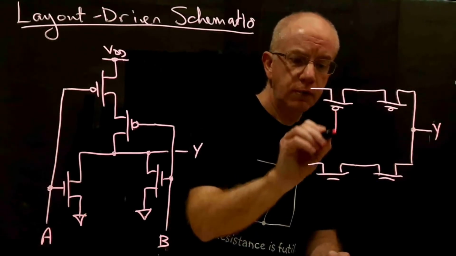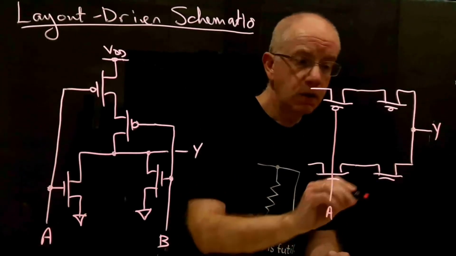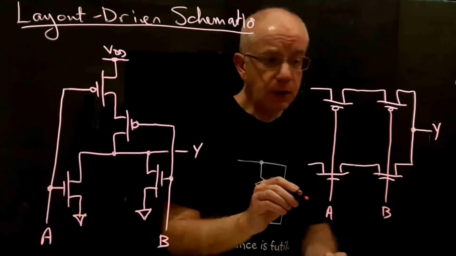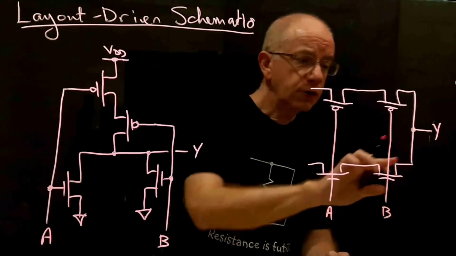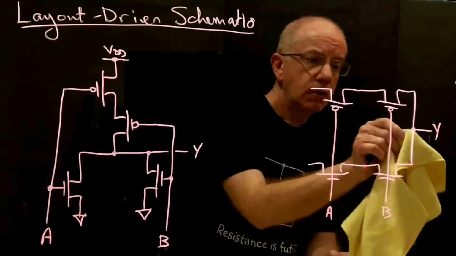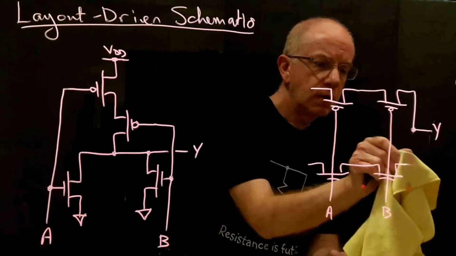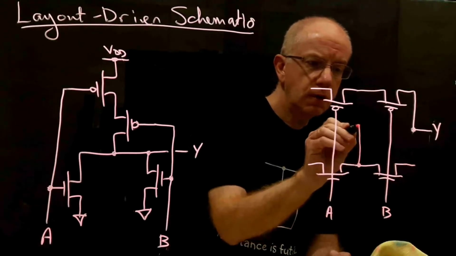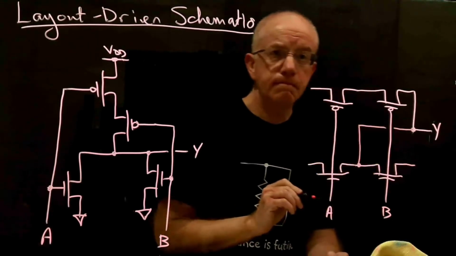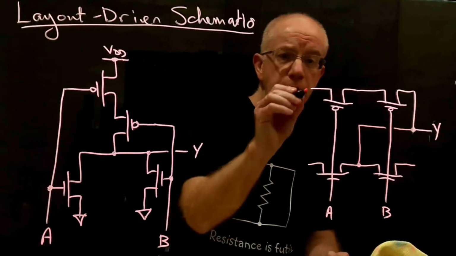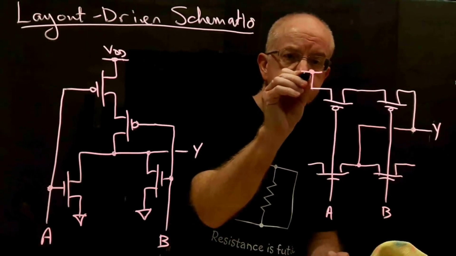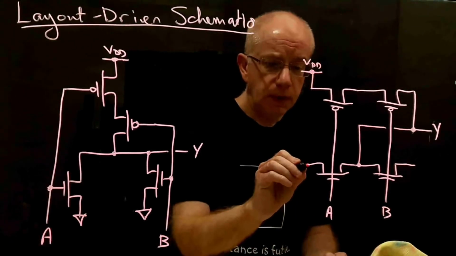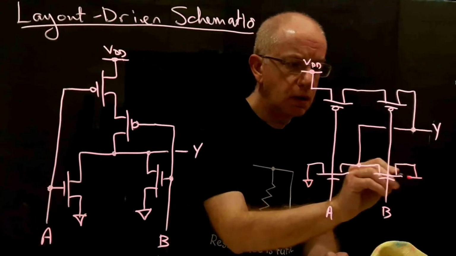And then this is, let's say, my A input. And this is my B input. And now I have to make my, actually no, the output of the gate is going to be connected, let's say, right here, like that. And now I have to connect up the power supply, and I would connect up my VDD here. And I might connect up my ground here and there.